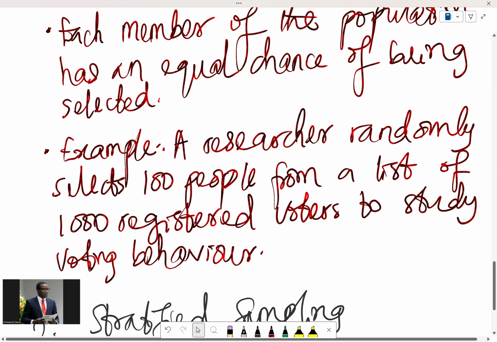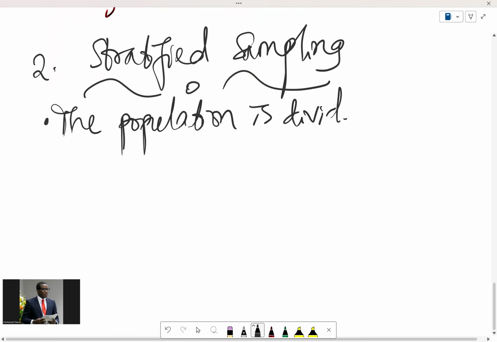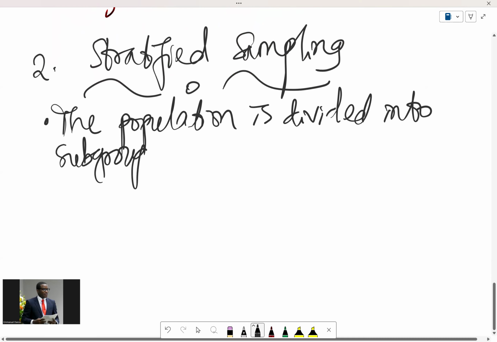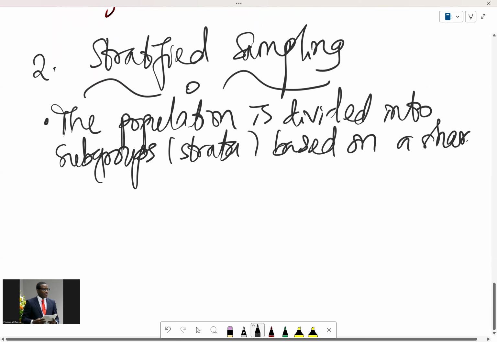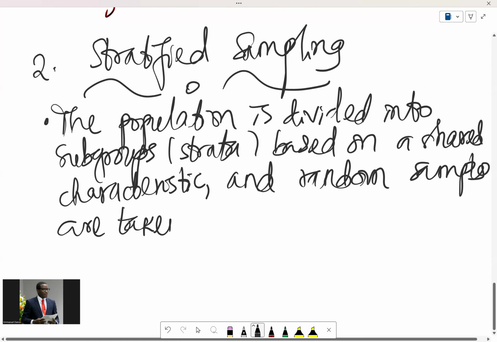So in the case of stratified sampling, right, the population is divided into subgroups, or what you can call strata, based on a shared characteristic and random samples are taken from each group.